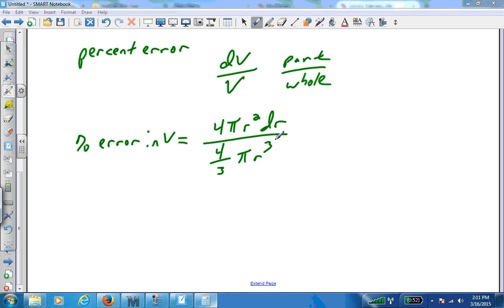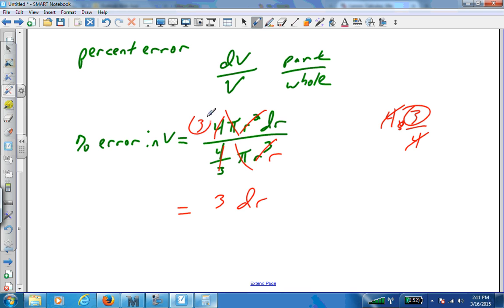Notice some things cancel. Pi on top, pi on bottom, cancel. R squared, r cubed reduce. If we have a 4 on top, dividing by 4/3 is like multiplying by the reciprocal. So that reduces to a 3 on top. So that leaves us 3 dr on top, r on bottom.